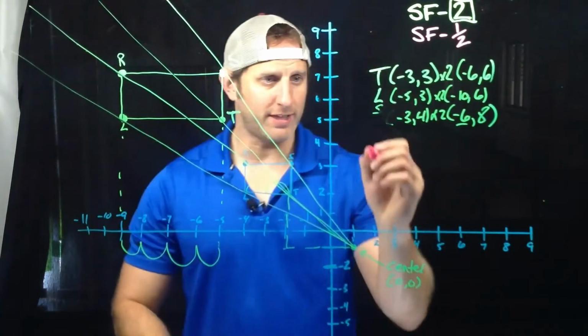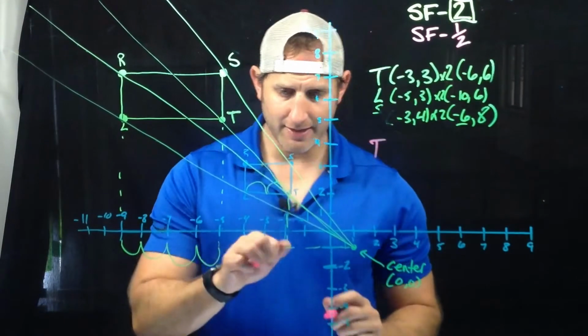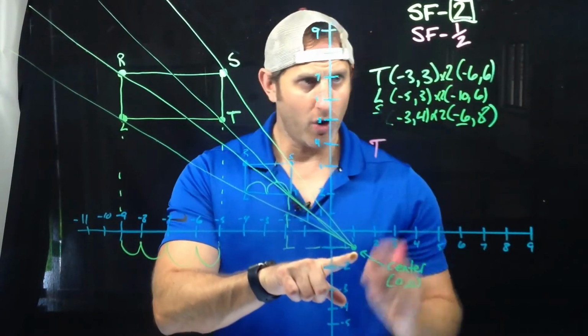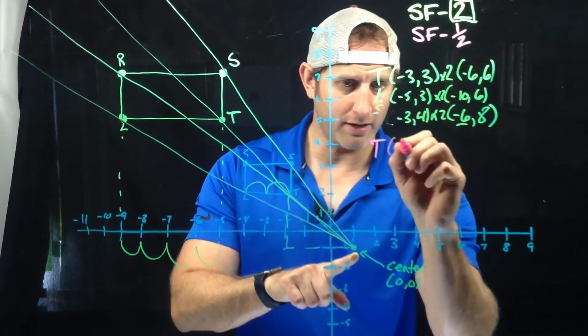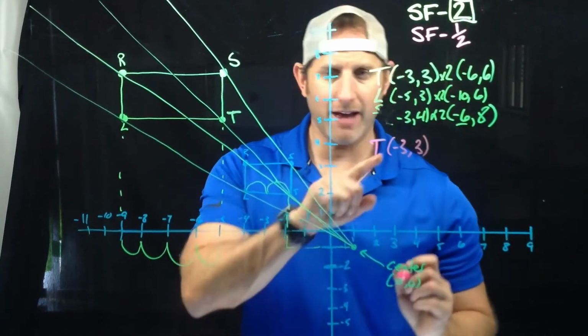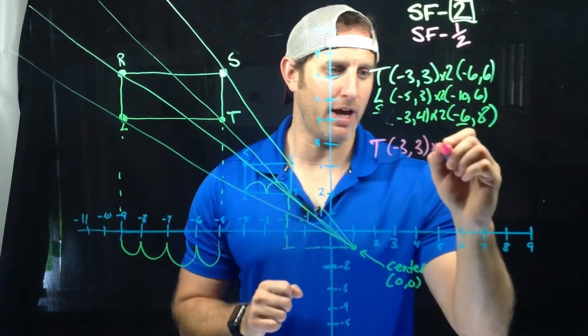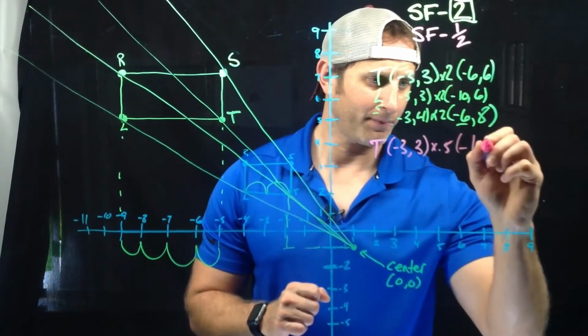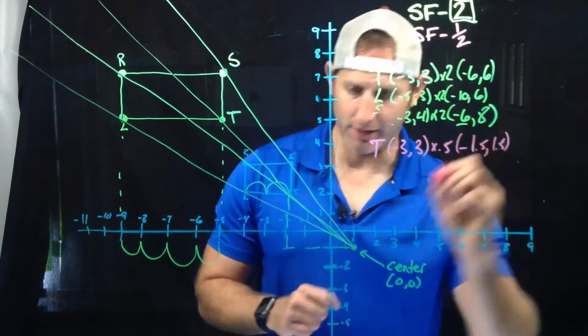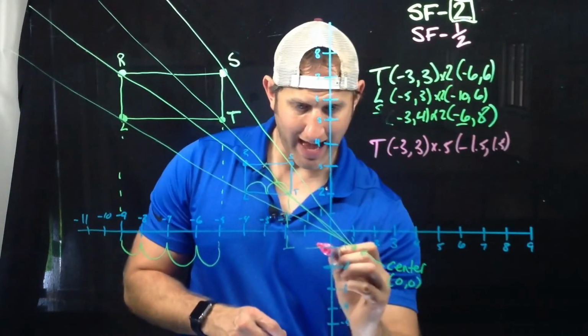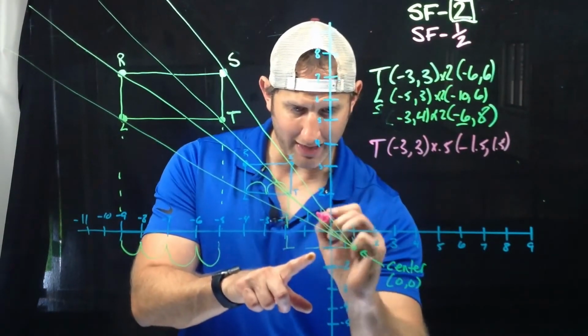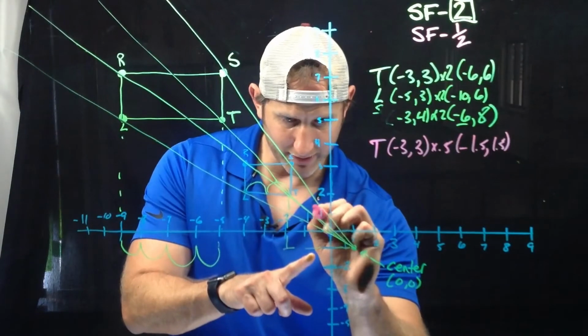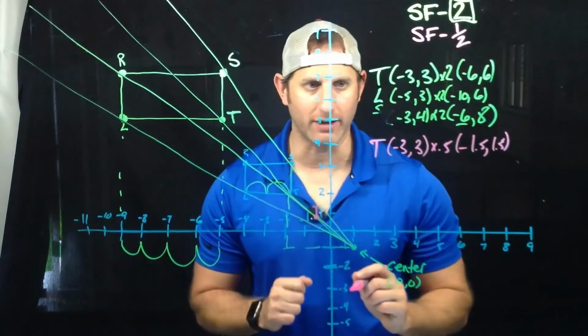So let's start with T. If I look at T, I know that from center, we were negative 3, 3. If I multiply it by 0.5, I'm at negative 1.5, 1.5. I'm going to go over 1.5 and up 1.5, and there's T, right on a diagonal line.